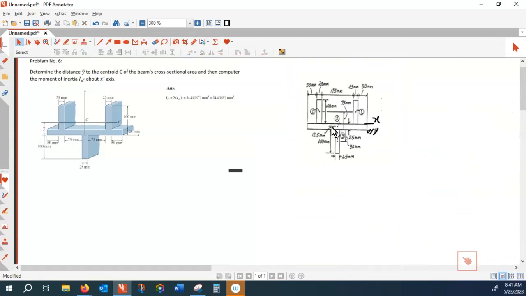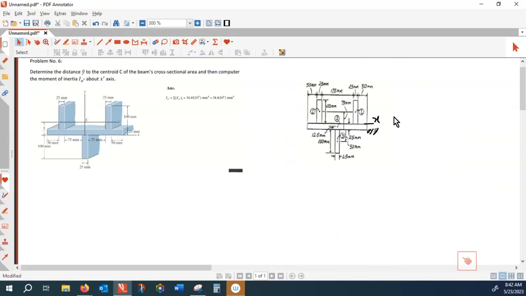I have divided the shape into two vertical sections above the reference, this X is my reference plane, and one horizontal one, that is section 2, and the last one is the one at the bottom, 3.